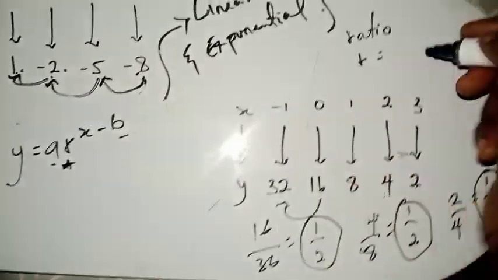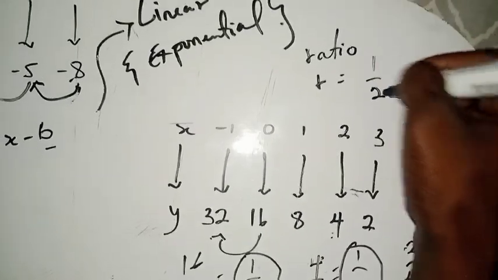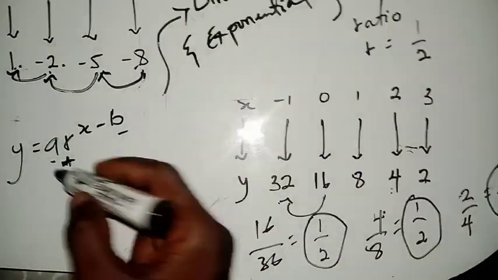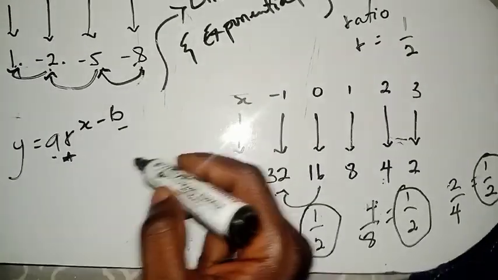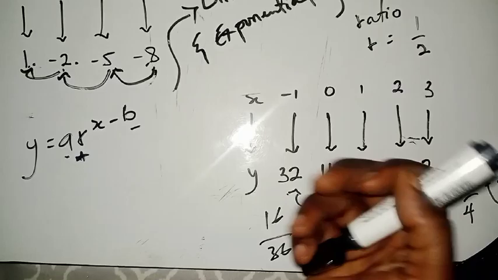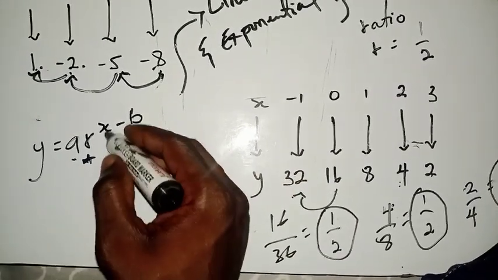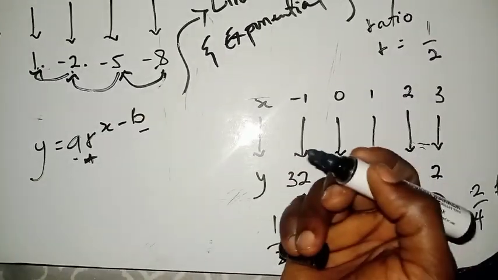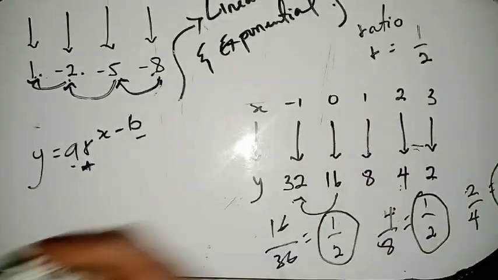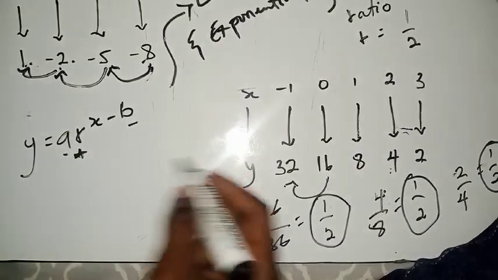So we have our R to be equal to 1 on 2. Do you agree? Now we are going to find the values of A and B, which is very simple. Once again, we are going to maintain the values of X and Y as general, because they are changing. Now how do you find the A here?